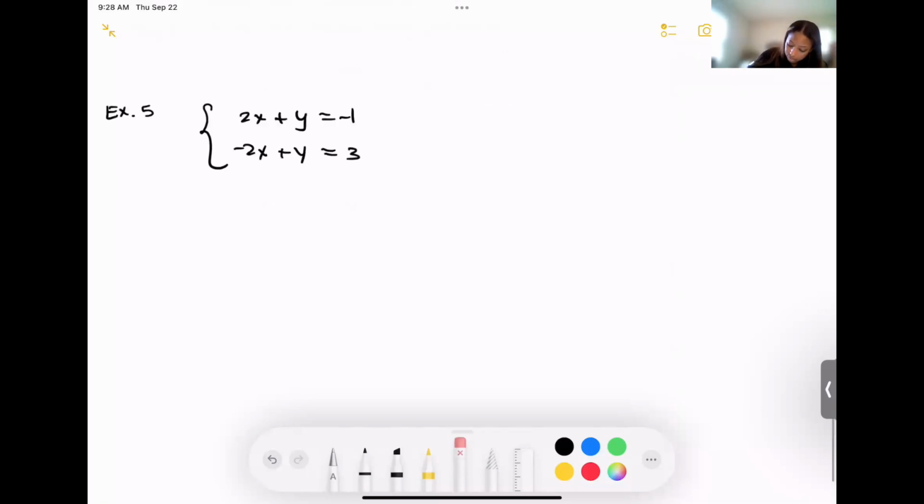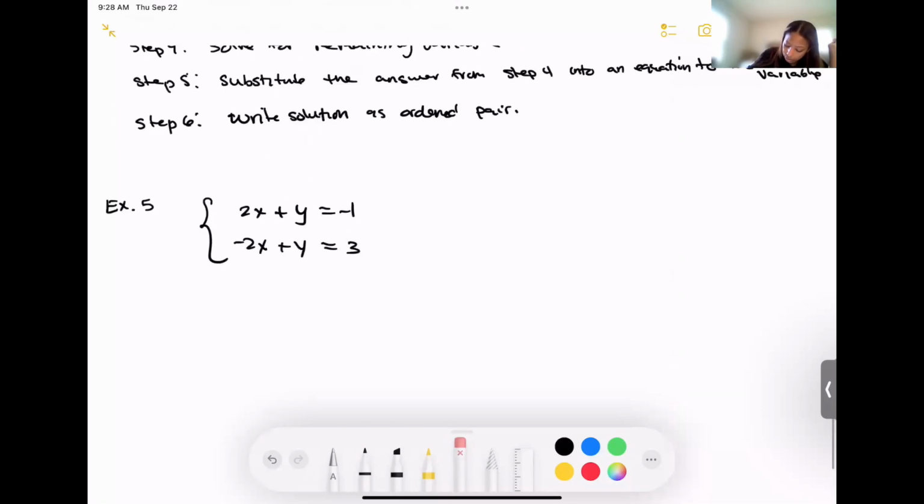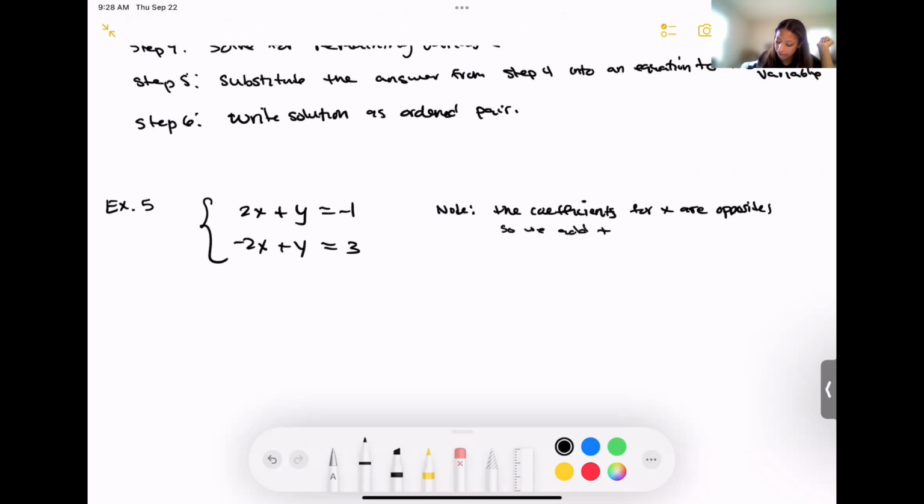So a little note here: the coefficients for x are opposites. So that's great. We can go straight to adding these 2 lines together. So we jump to step 3, and we add the lines.